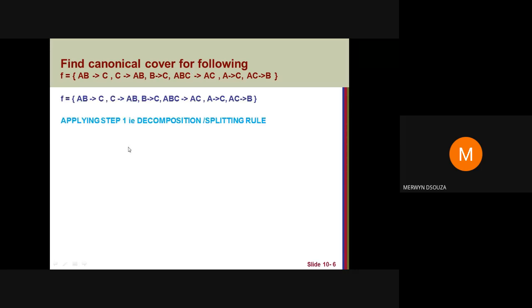You're going to apply the decomposition or splitting rule, the same rule that we have already studied as part of Armstrong's axioms or the inference rules. Identify all the functional dependencies that you can split, and whichever ones you can split, you split.